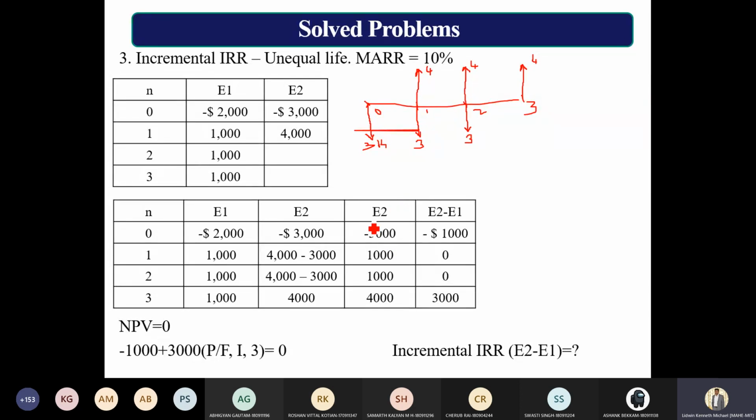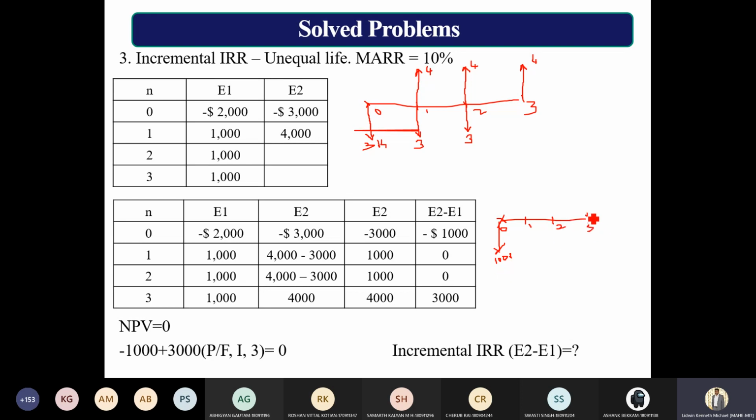So subtracting E2 minus E1, investment of E2 is more than that of E1. So E2 minus E1 you get minus 1,000, you get 0, 0 and 3,000. So when you draw the cash flow, it will be something like this. So 1000 is coming here. 1, 2, and 3.